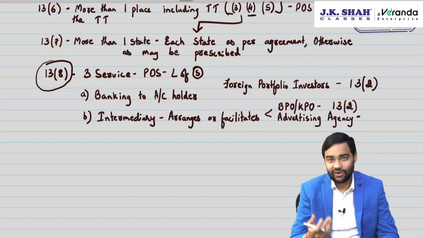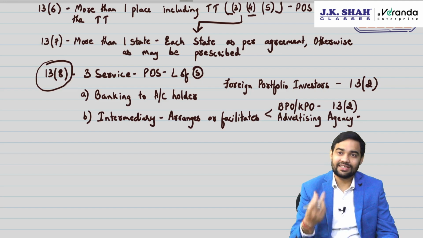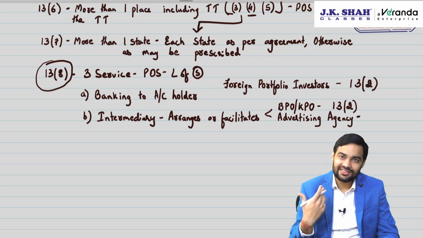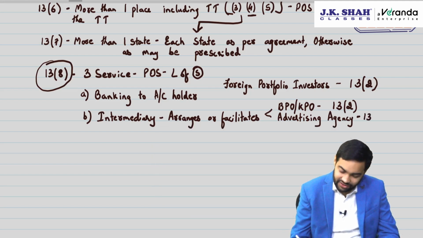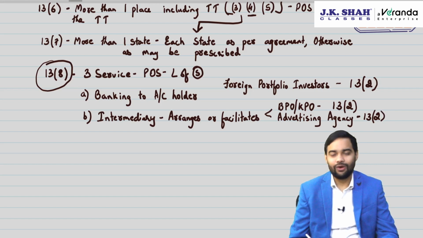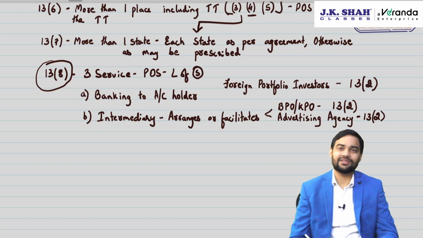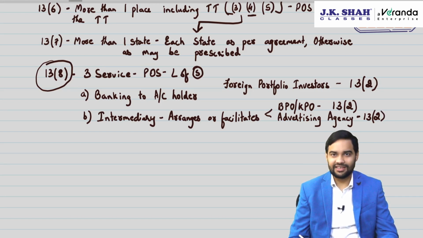No, they do a lot of drafting. They help you design the advertisement. They help you select slots. They are providing all this on their own behalf, on their own account, and hence it will be a 13.2 case. However, if an advertising agency is only helping the supplier and recipient to meet at a particular place, and then it is left to their discretion, then it will be a 13.8 case.